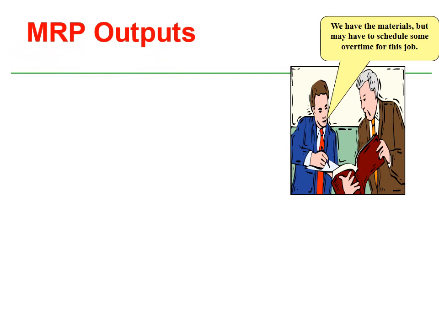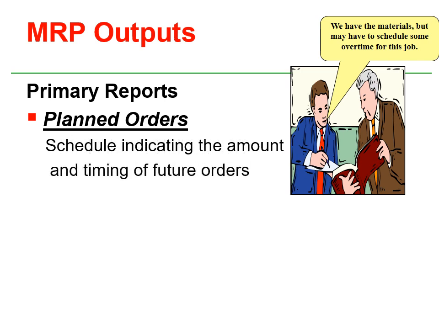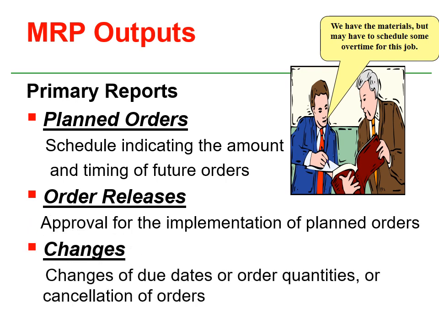The output includes primary reports: planned orders, a schedule indicating the amount and timing of future orders; order release, approval for the implementation of planned orders; and changes of due dates or order quantity or cancellation of orders.